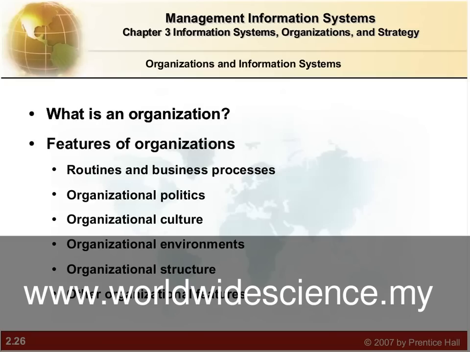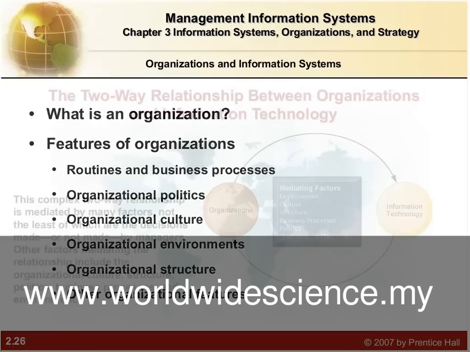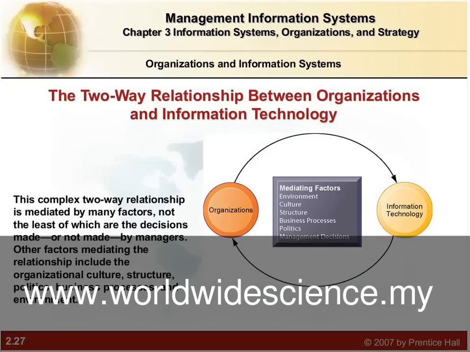This complex two-way relationship is mediated by many factors, not the least of which are the decisions made or not made by managers. Other factors mediating the relationship, as you can see in this graph, include the organizational culture, structure, policies, business processes, and environment.